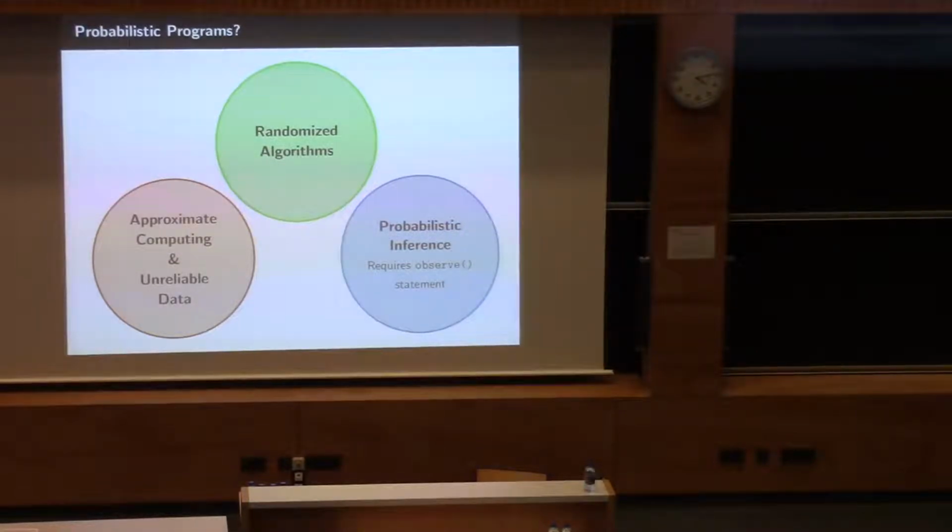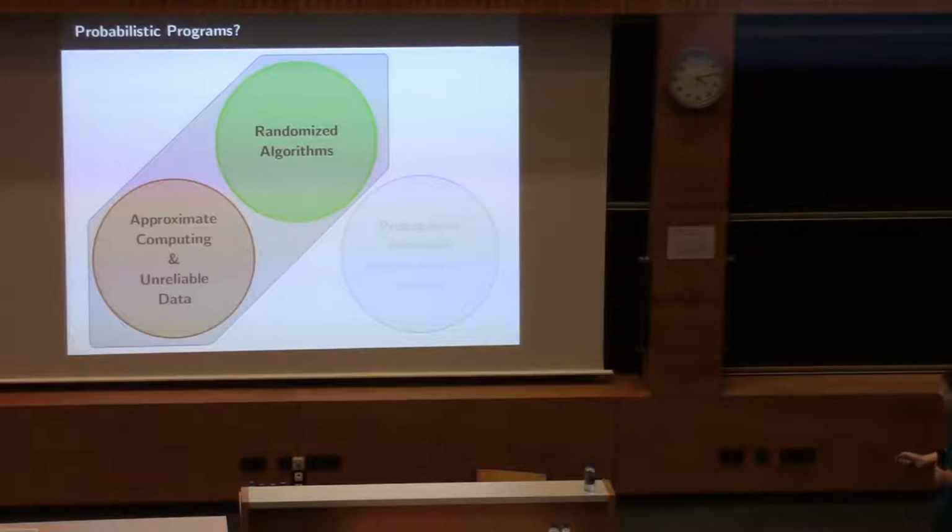In our work, we focus on the first types of programs without the observe statements, but there is definitely some potential of extending the analysis also to these, and I think this is an interesting aim for future work.